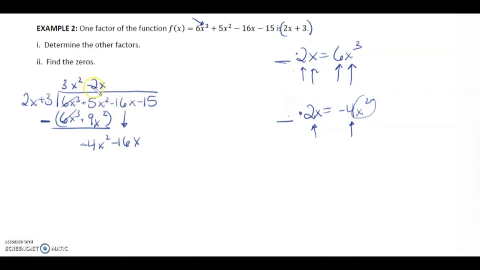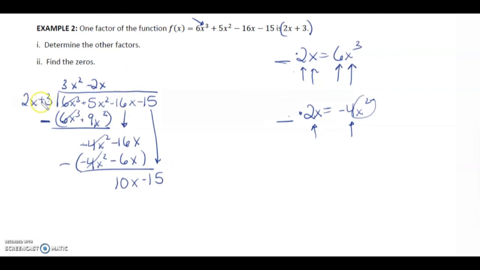So negative 2x times 2x gives us negative 4x squared. Perfect, because those are identical, they cancel out. Now, negative 2x times 3 gives us negative 6x. So negative 16x minus negative 6x gives us 10x. Bring down the negative 15.